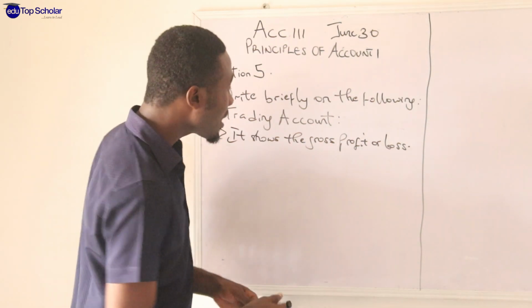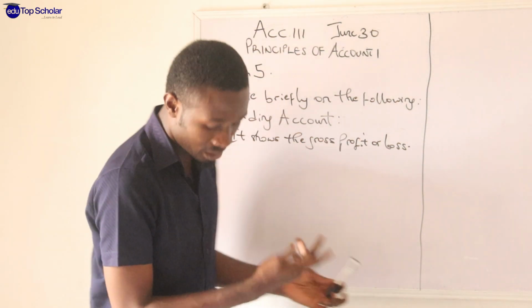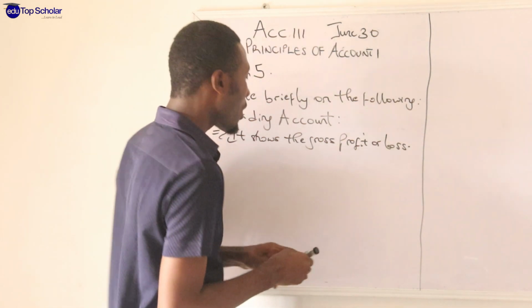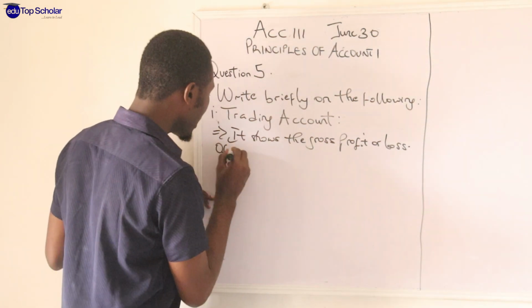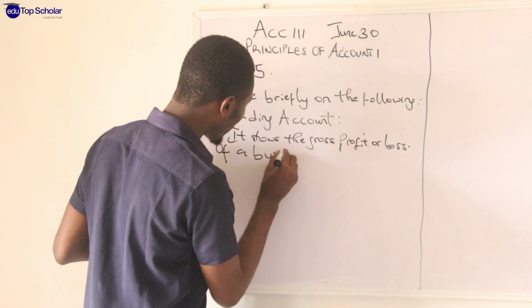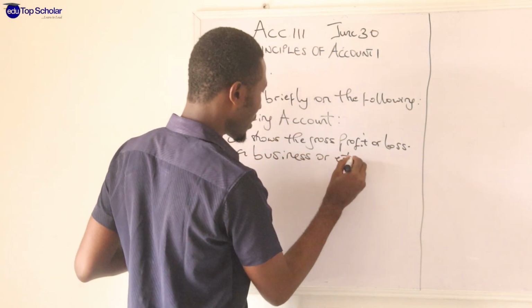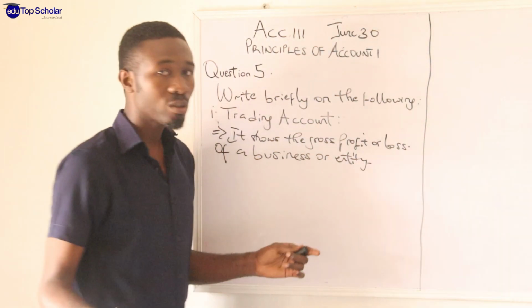So you can just tell them that it is part of a financial statement, and it shows the gross loss or gross profit of a business or an entity. That's all.